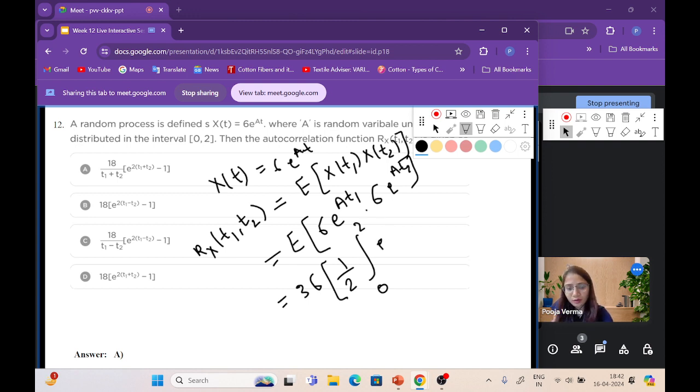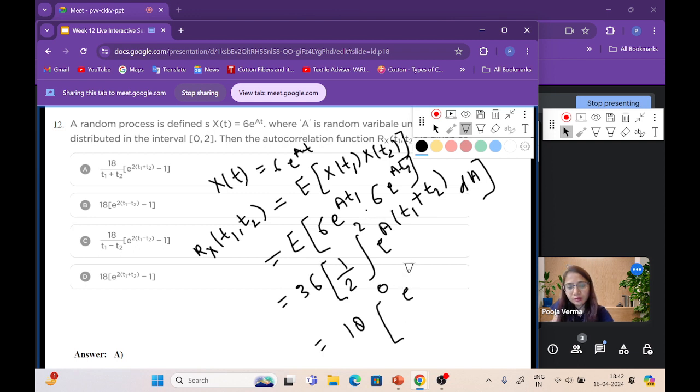Then what we will get is e to the power A t1 multiplied by e to the power A t2, which can be written with A common, as e to the power A(t1 plus t2), and integration with respect to A. Okay, so what we will get is 18, and now we have to integrate this part.